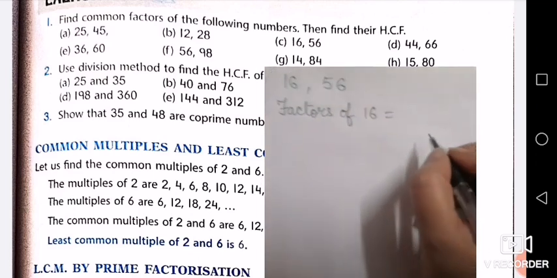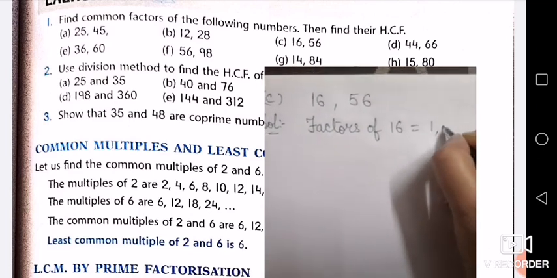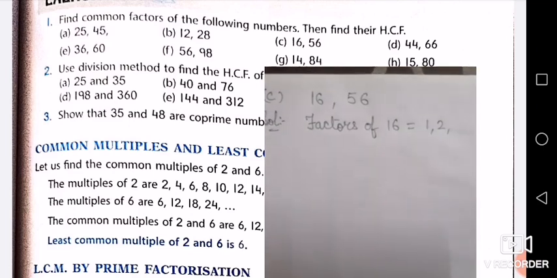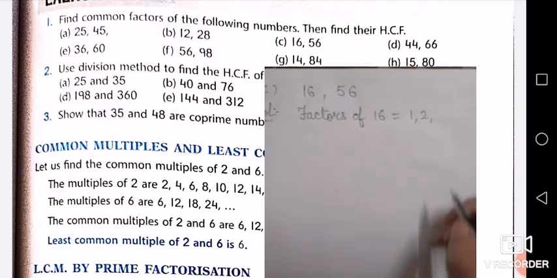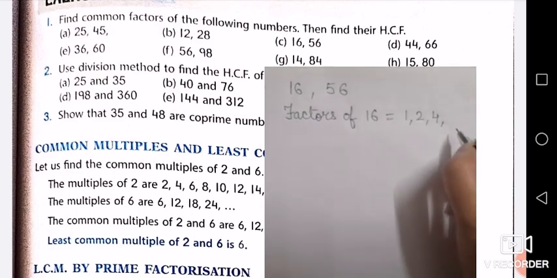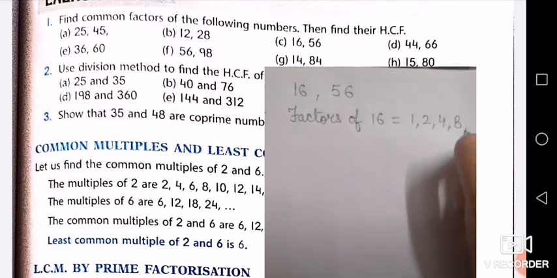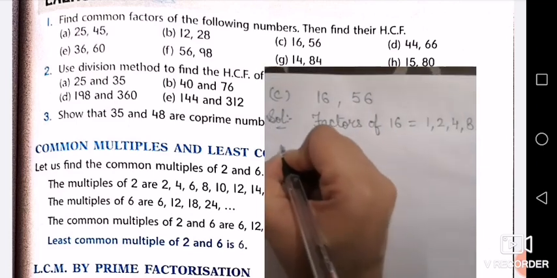Okay, now let's start. What are the factors of 16? 1, 2, then 3? No, yes, correct. 3 is not a factor of 16. 4, then 8, then 16 itself.